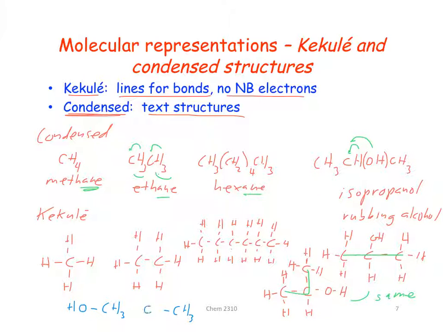If we did it the other way around, like that, it looks like the H is between the carbon and the oxygen, and that just looks dumb. So we don't do it that way. It's not what cool organic chemists do. So we always try to make that bond between the carbon and the oxygen, and then the hydrogen goes on the outside. Sometimes we'll do that with things like those CH3s as well, though it's not always consistent.